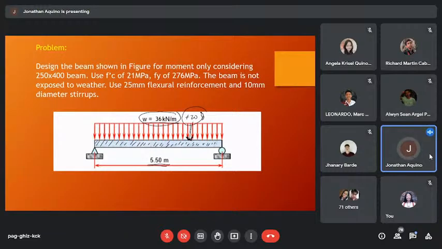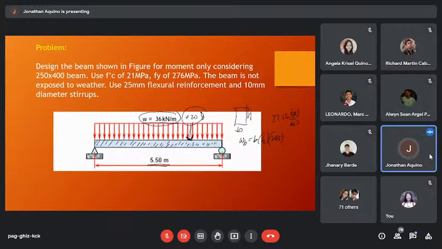Okay? So this 20% is just an assumption. After design, nakuha mo na yung section B and H. So we can solve for the weight of the beam, or just simply B times H times unit weight of concrete, 24.5 or 23.56 kilonewton per cubic meter.